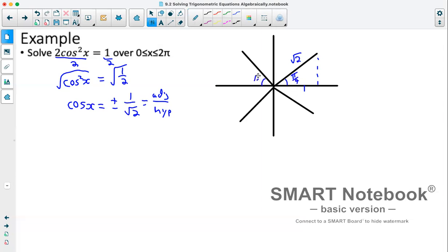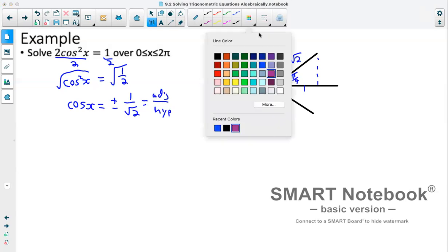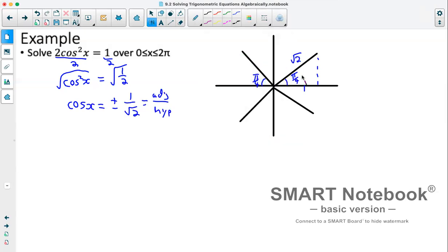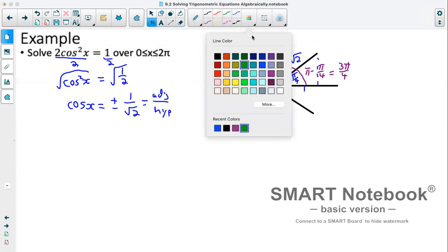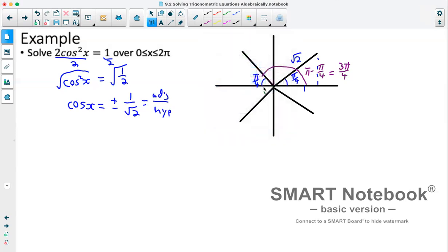We have this reference angle here. So going from here to here would be pi minus pi over 4, which is 3 pi over 4 radians. We also have a pi over 4 radians here.